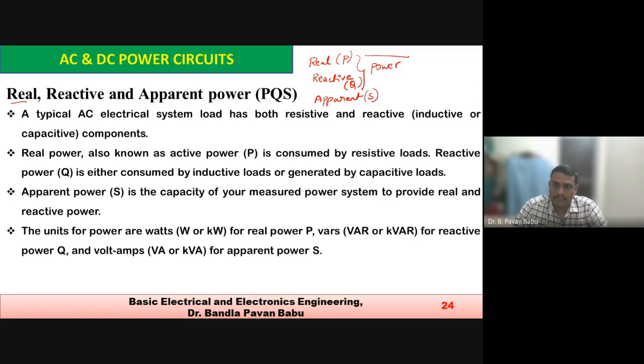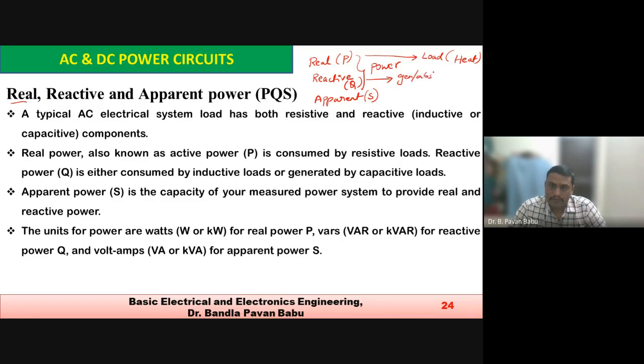Real power is the actual power required by the load, and it is absorbed in the form of heat, in the case of a resistive load. Coming to reactive power, it is neither generated nor absorbed.